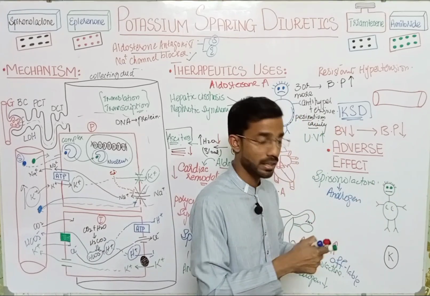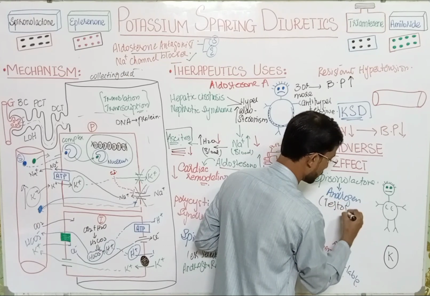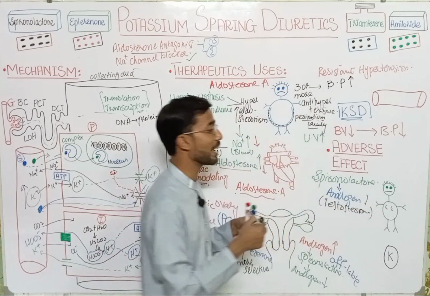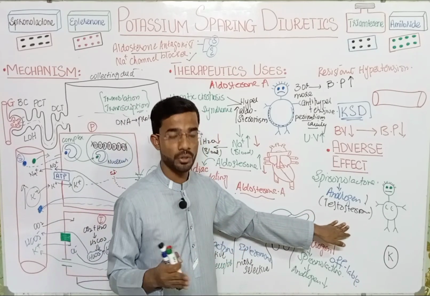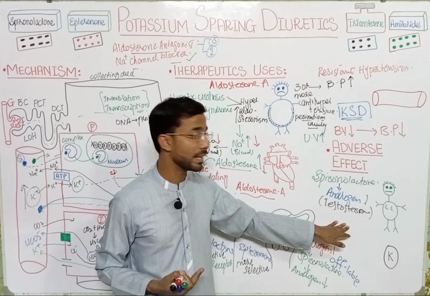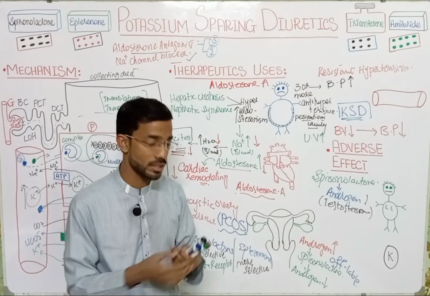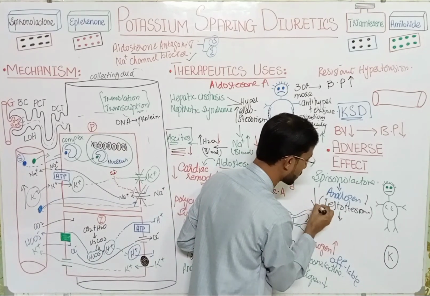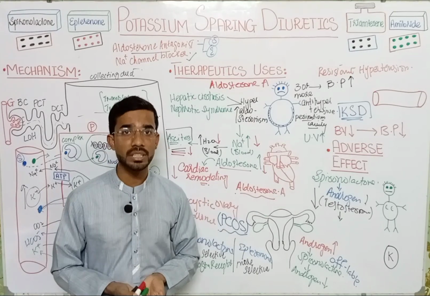Take the example of an androgen like testosterone. If spironolactone binds to the testosterone receptor, or you can say androgen receptor, then the concentration of testosterone, or androgen, will reduce.